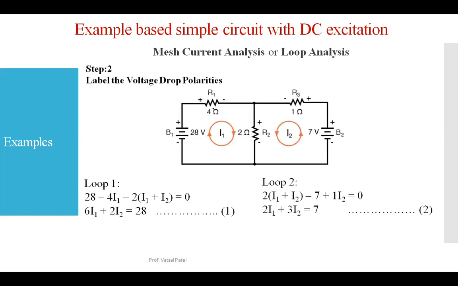See, this is the polarity given here that we identify based on the loop given in the circuit diagram, right? So that sign is given based on the loop which is assigned here.